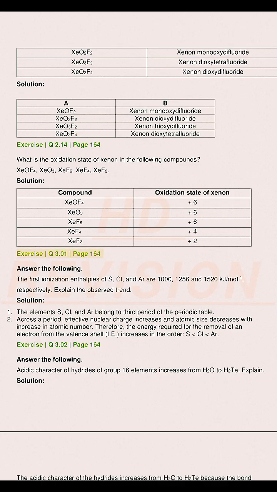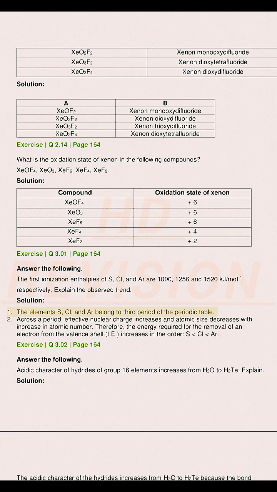Exercise Q3.01, page 164. Answer the following. The first ionization enthalpies of S, Cl, and Ar are 1000, 1256 and 1520 kJ per mole respectively. Explain the observed trend. Solution. 1.